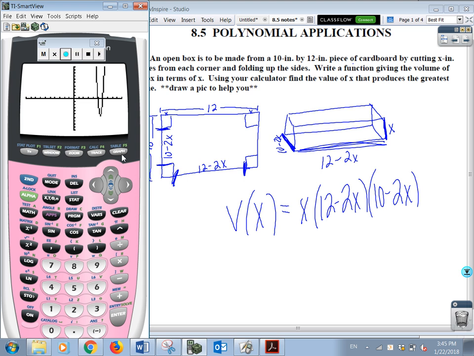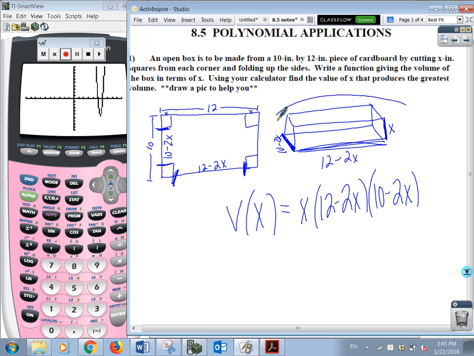But we have to think about what our possible x's could be. Looking at this picture right here, we know x has to be greater than 0, because if x is 0, there's no box. And we know that a side can't be negative, so x must be less than something.